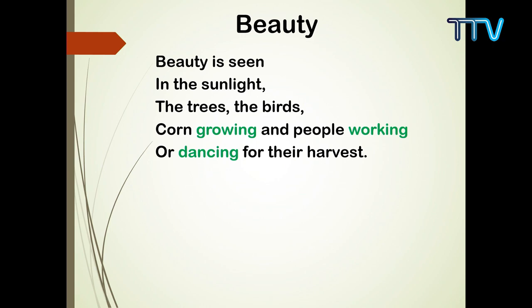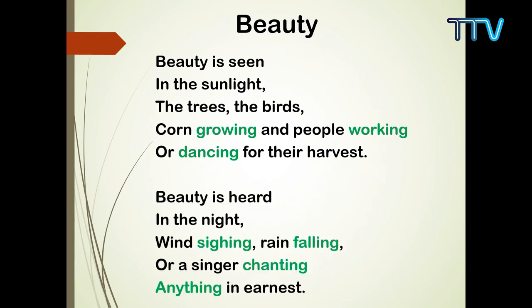Okay. Now, this one here, what you see is the stanza is not of 4 lines. Beauty is seen in the sunlight, the trees, the birds, corn growing and people working or dancing for their harvest. Beauty is heard in the night, wind sighing, rain falling, or a singer chanting, anything in earnest. Okay.